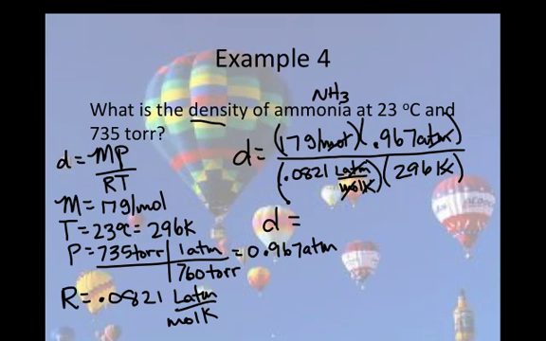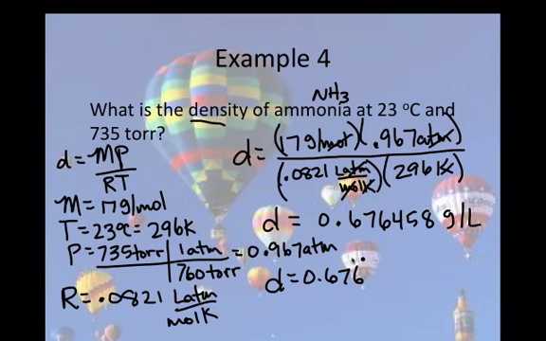So now let's do the math. All right, and I get 0.676457, lots of numbers, grams per liter. And how many sig figs? Looks like 2 sig figs will do.